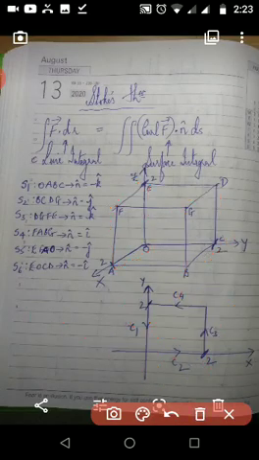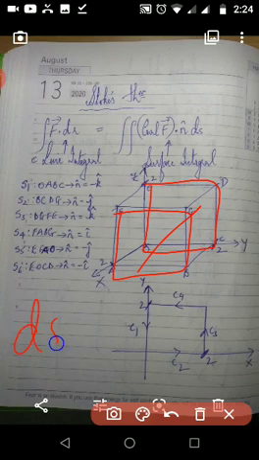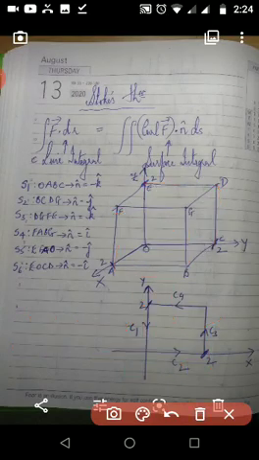And similarly, for FABG, you will have to project it onto the yz plane. So your ds for that will become dy dz upon n hat dot i hat. Whereas for the other 3 surfaces, they're already on their respective planes, so you don't have to project them anywhere. You're just going to keep them on their respective planes, and in this case, for instance, this is already on the yz plane.